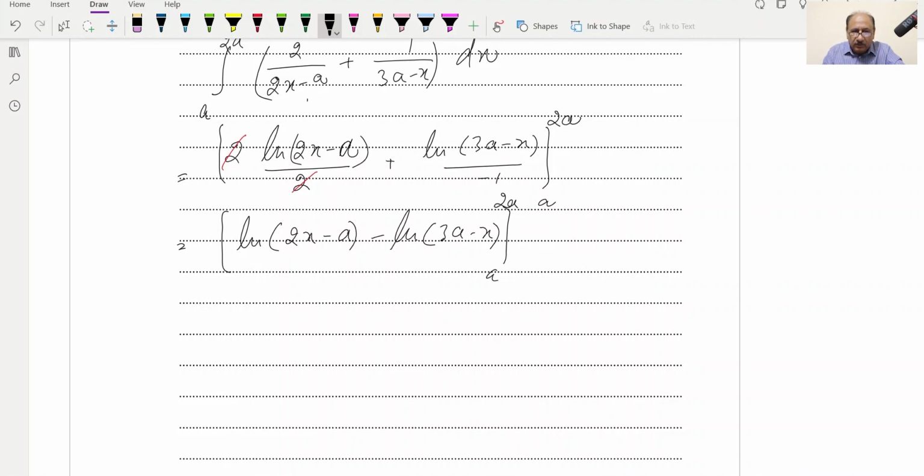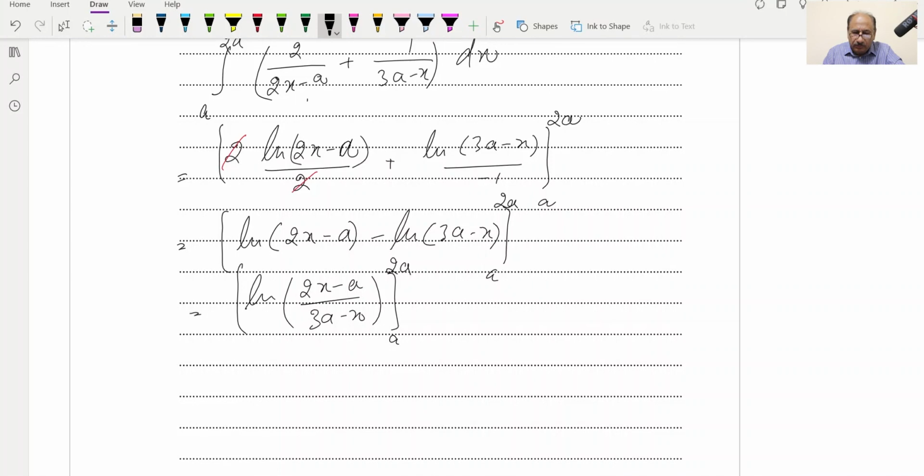Now we can apply the log rule. Log a minus log b will be equal to log of a over b, with the limits a and 2a.